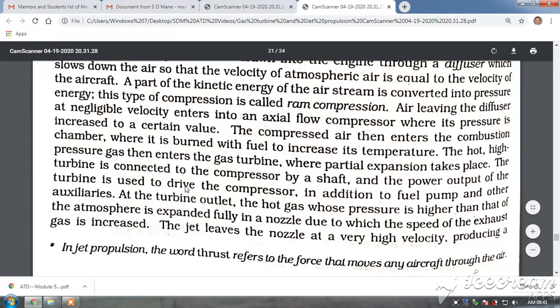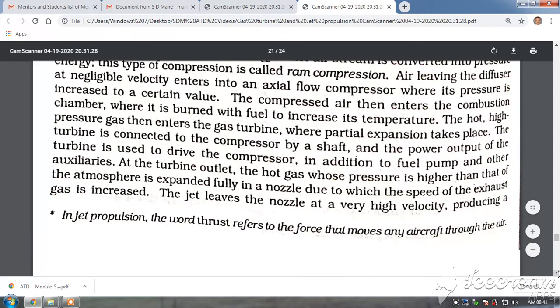The hot high pressure gas then enters the gas turbine, where partial expansion takes place. The turbine is connected to the compressor by a shaft, and the power output of the turbine is used to drive the compressor, in addition to the fuel pump and other auxiliary systems.